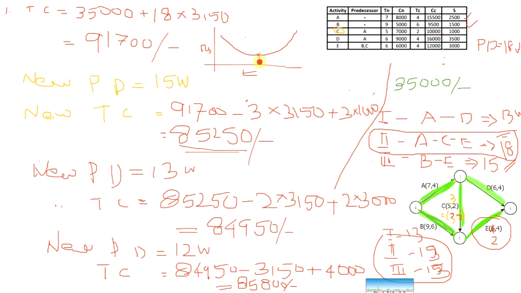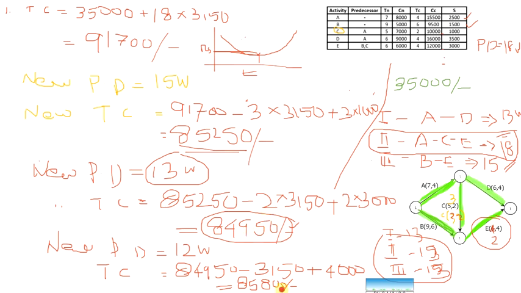After this point it has increased. So 84,950 is the lowest point, when we finish the project in 13 weeks.